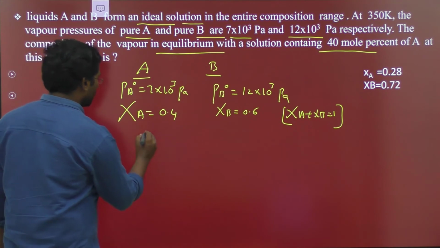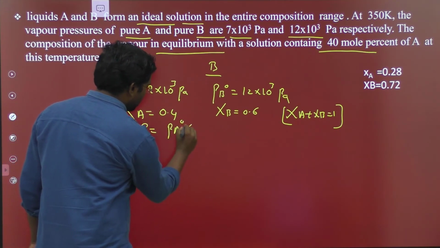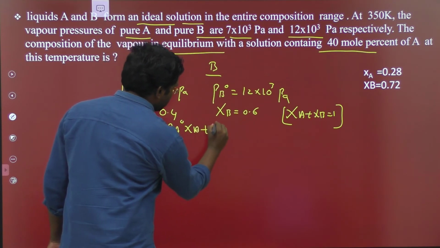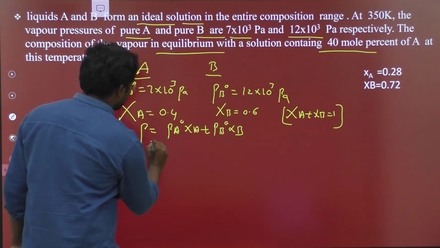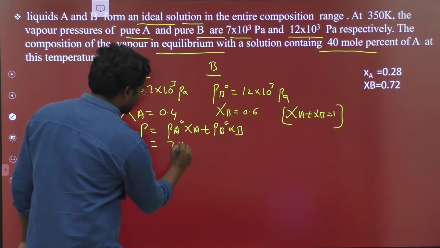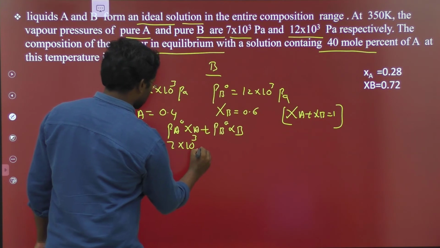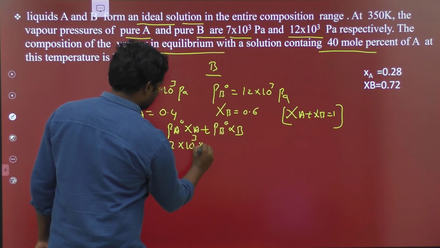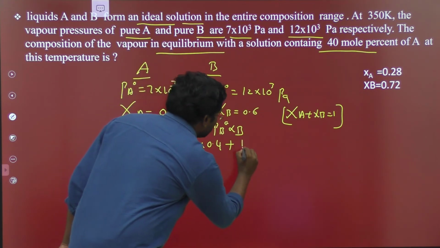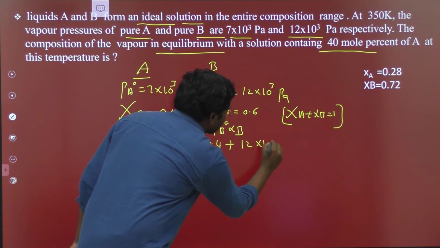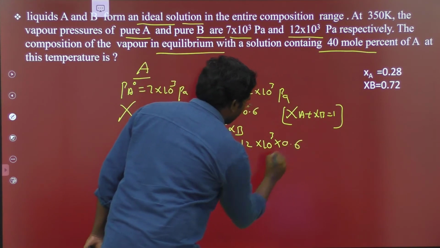Therefore we have to calculate the total pressure. P is equal to PA naught Xi A plus PB naught Xi B. What is the PA naught value? 7 into 10 power 3, Xi A means 0.4, plus PB naught value, 12 into 10 power 3, into Xi B, 0.6.